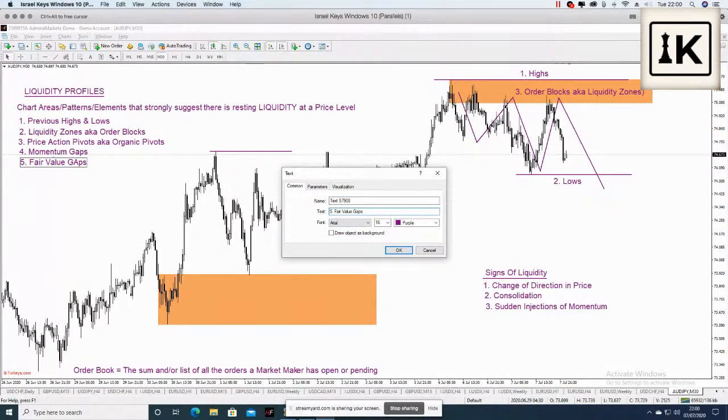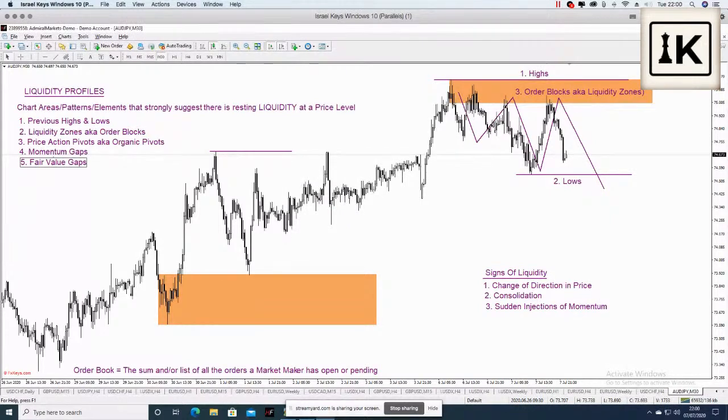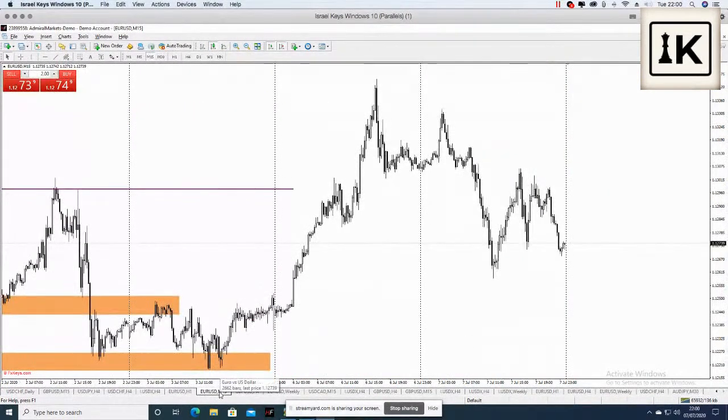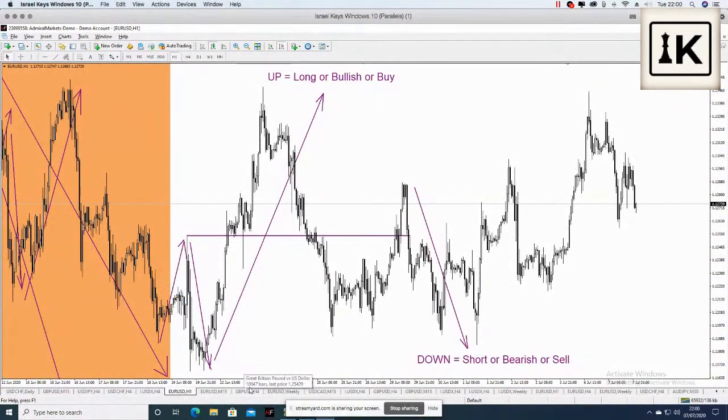Momentum gaps are obvious. Just look for a hole in price. Fair value gaps require some level of intelligence or experience, not intelligence, experience to spot. So let me give you a couple of examples.